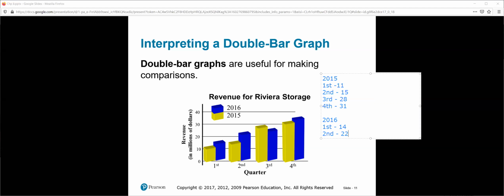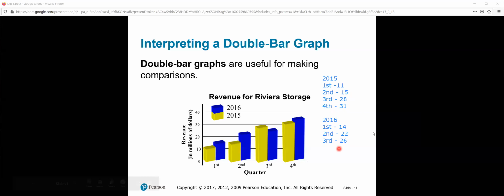You run into an issue wherein you can't easily compare quarters per year because you have to jump around the charted data. You have to jump around your spreadsheet in order to find your comparison.